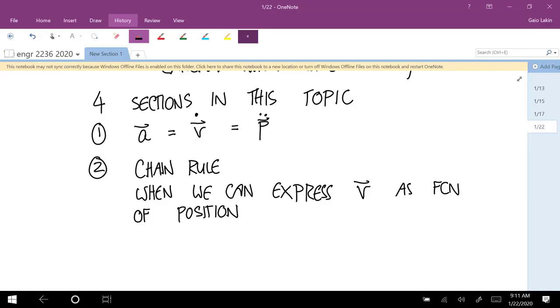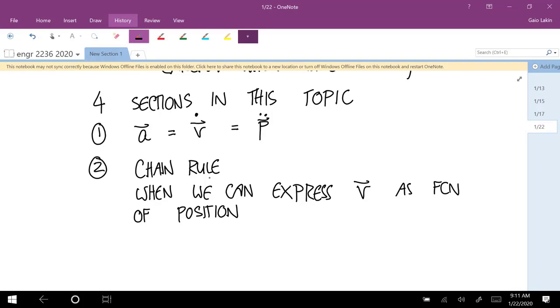This comes up probably most naturally if you're using an energy approach to come up with speed as a function of position, okay, then you can often come up with the velocity vector as a function of position. Well, you don't have it explicitly as a function of time, but you can use the chain rule to get through it, and we'll talk about that.